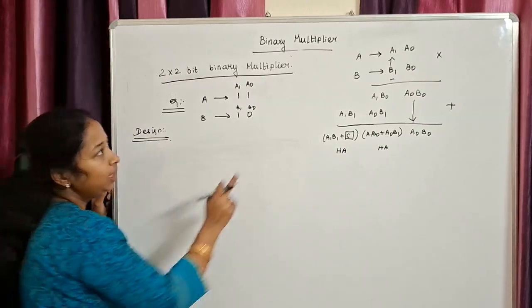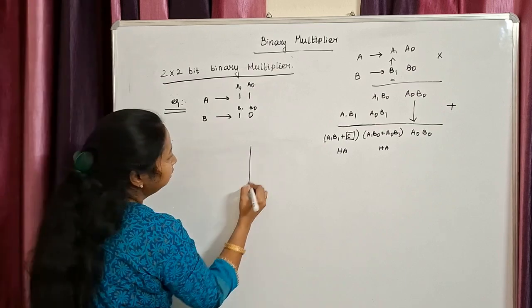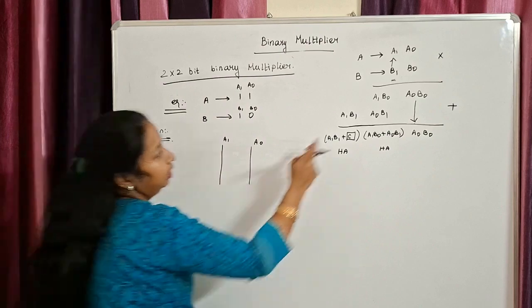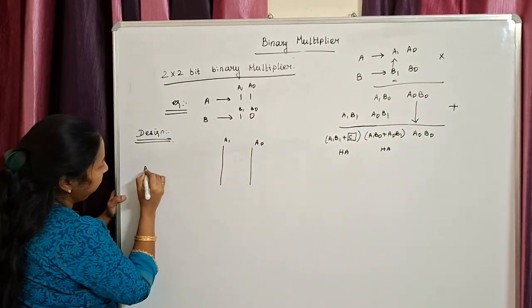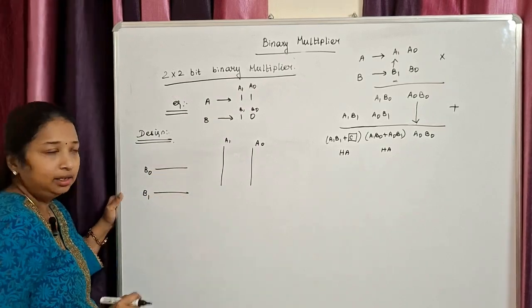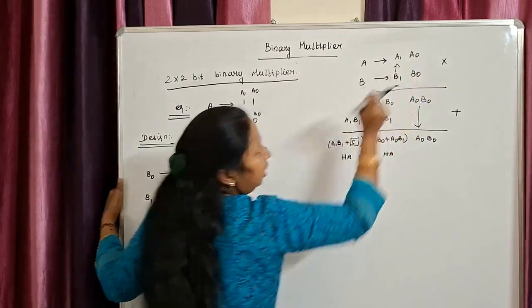Now, what are my inputs? It is A0, A1. So, my inputs are A0, A1. And with that, I have to multiply B0 and B1. B0, B1. These are my other inputs. Right? Now, what is the first step? B0, we have multiplied it with A0.